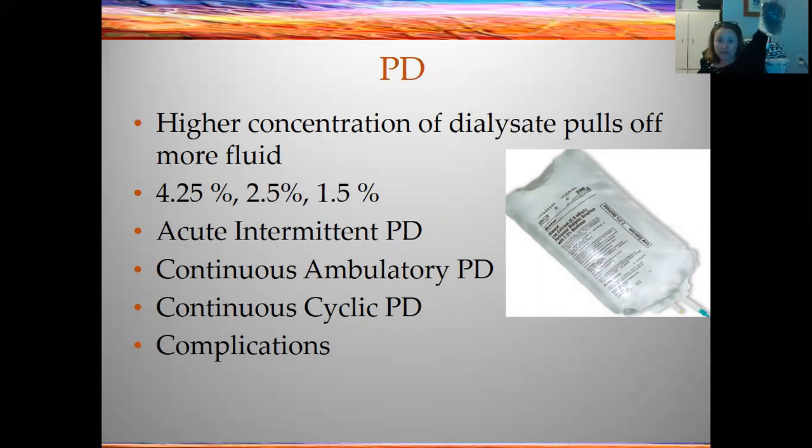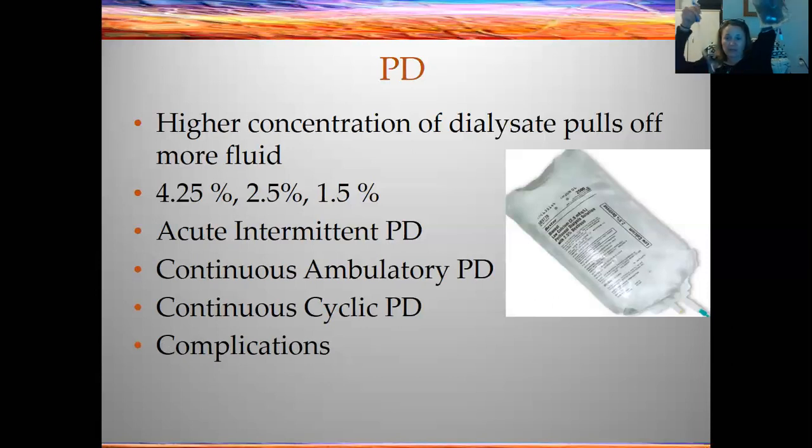So what the patient would do is hang this bag up on a pole. This end would attach to their Tenckhoff catheter. It attaches to the Tenckhoff catheter. And then there's also a drain bag. So there's this empty bag.